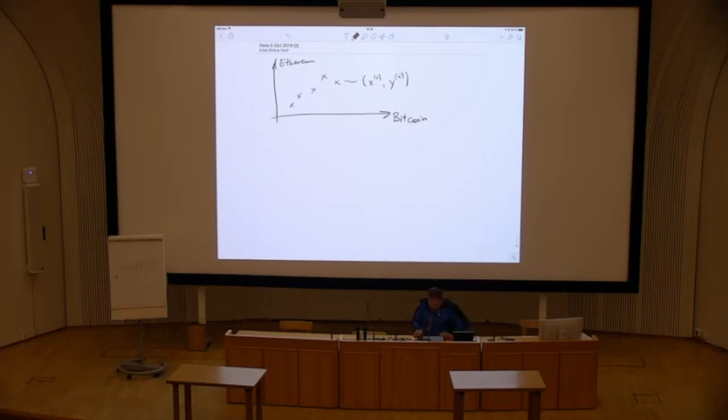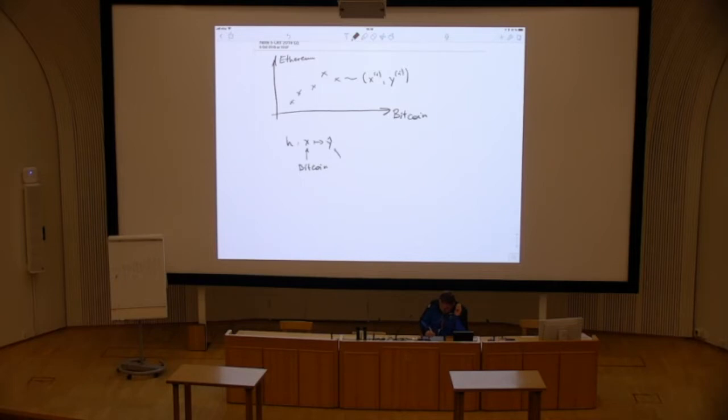We would like to use machine learning to predict the Ethereum price for new data points where we only know the Bitcoin closing price. So we want to find a hypothesis which maps a Bitcoin price as input to a predicted Ethereum price as output.